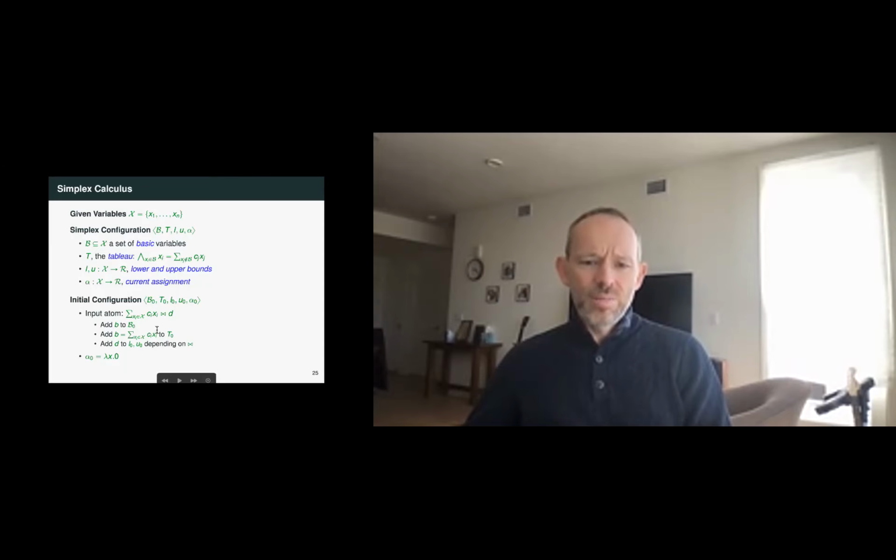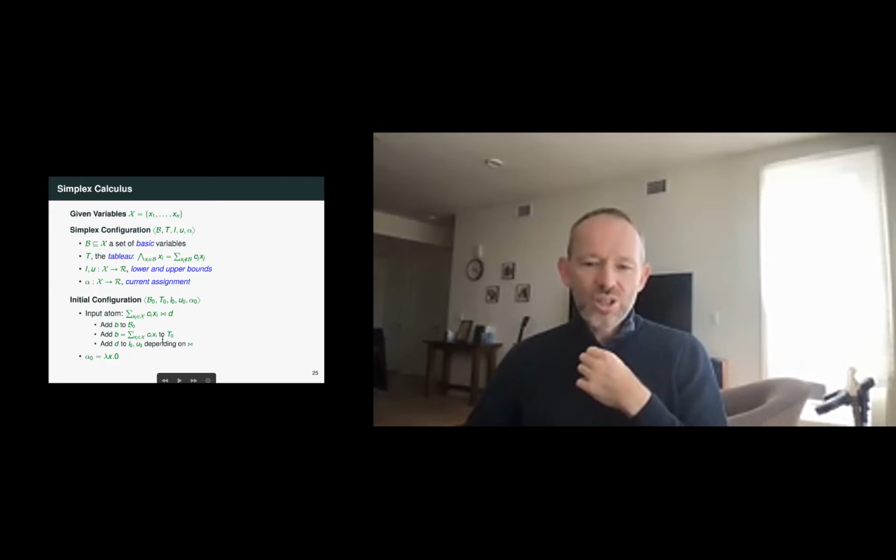Now, to start with, we have to generate an initial configuration. The way we'll do that is every time we get an input, and an input is going to be some linear constraint, some weighted sum of variables, which is either equal, less than or equal, or greater than or equal to some constant. So what we'll do is pick some variable and add it to the basic variables.